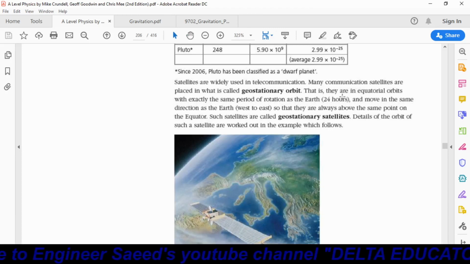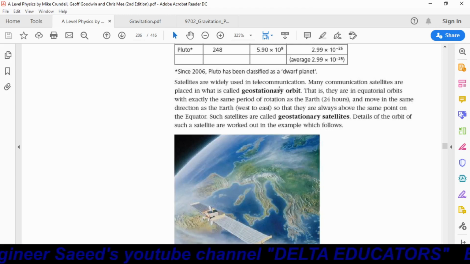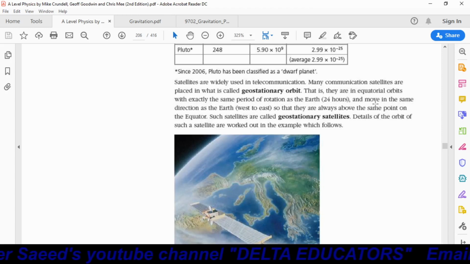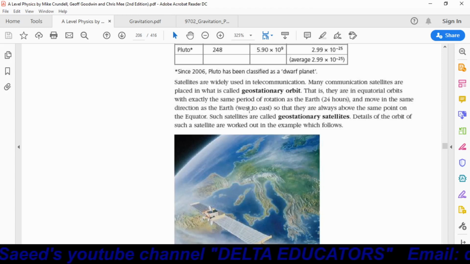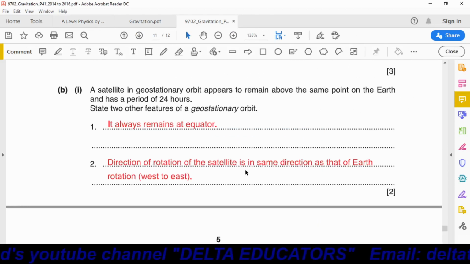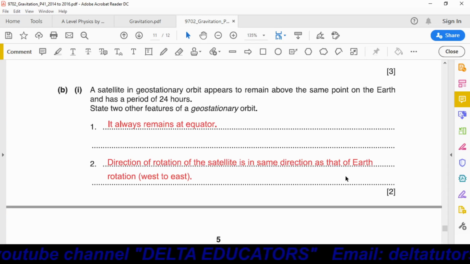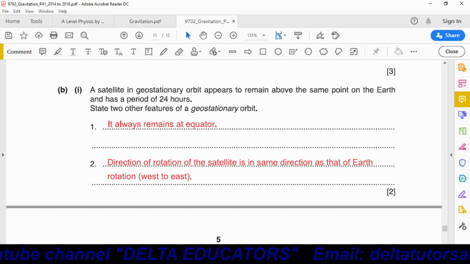It should be in equatorial orbit. And the second condition is that it moves in the same direction as Earth. The direction of rotation of the satellite is the same as that of Earth's rotation, that is west to east.